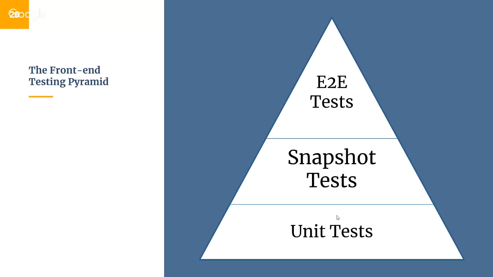And finally, to be sure that our app is an integrated whole, we should have one or two, actually, there can be a bit more, end-to-end tests. Having all of these tests will ensure that our app is robust and runs perfectly.